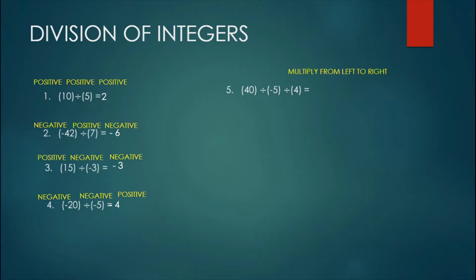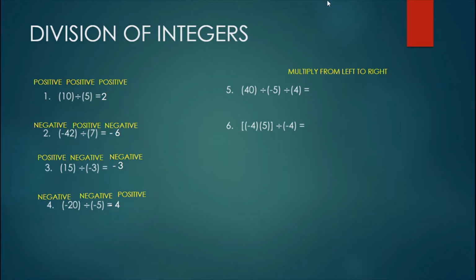Still, this one is divided from left to right. We are going to find the answer for number 5 after number 6. So for number 6, we have here numbers that are enclosed in parentheses. Based on what we have discussed in the PEMDAS rule, we will start with the numbers that are inside the parentheses or brackets.